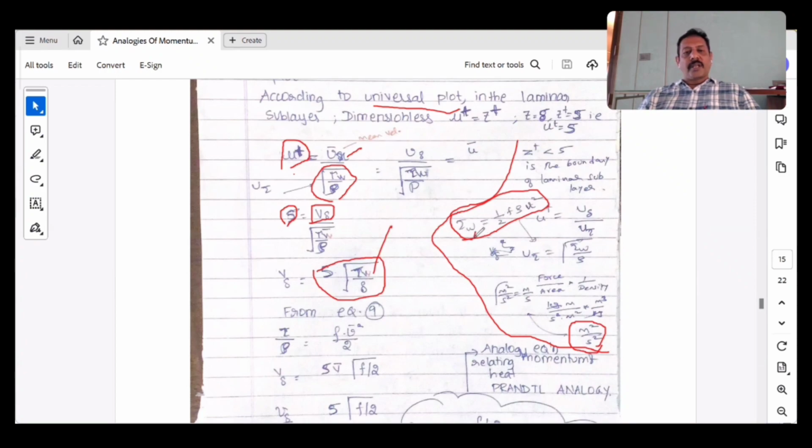Using this relation, tau w by rho is equal to f v square by 2, right? If you substitute this in place of tau, you will get this term: v delta is equal to 5 v bar into root of f by 2. Okay, so I think I'll stop here.